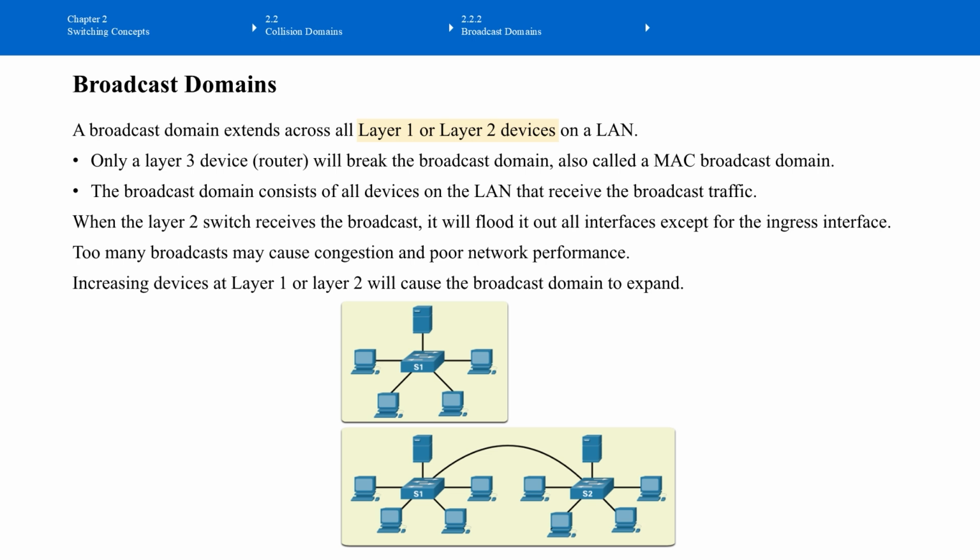Increasing the devices at layer 1 or layer 2 will cause the broadcast domain to expand. So if you look here, the lower box shows there are two networks. For example, some devices connect to switch 1, the one on the left-hand side, and some devices connect to switch 2.